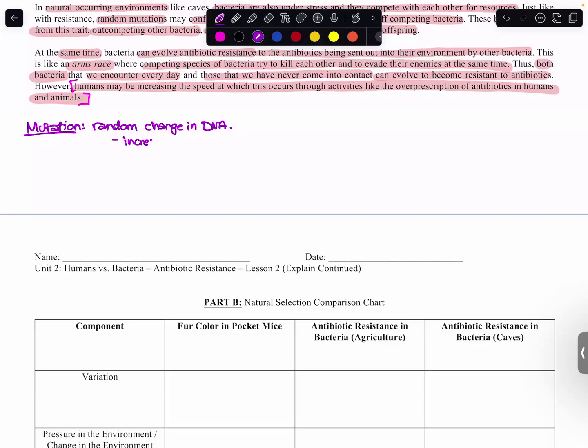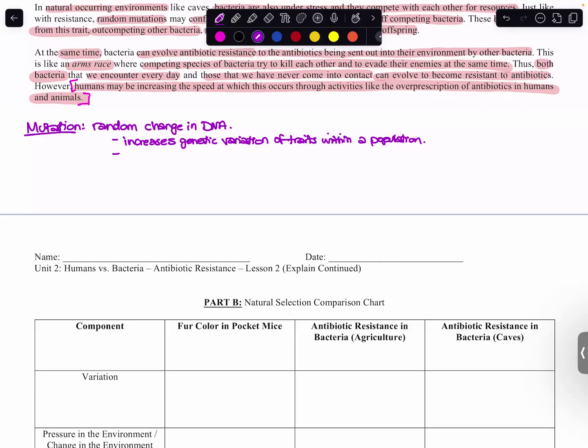It increases genetic variation of traits within a population, right? Increasing genetic variation is really important because natural selection needs genetic variation in order to work, right? And mutations are going to help that occur.